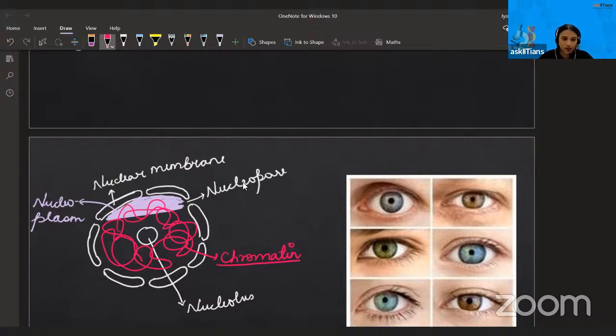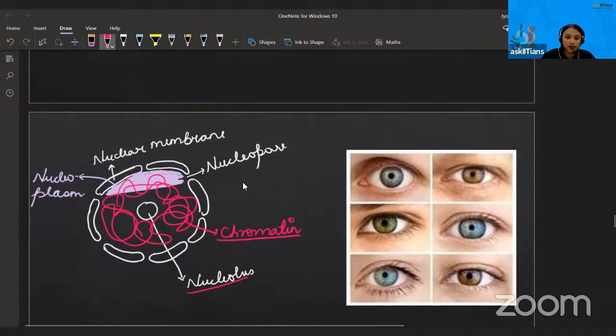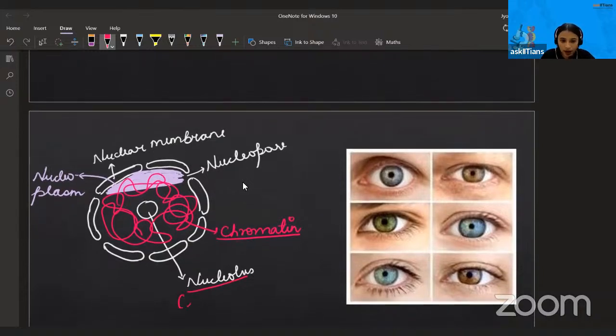Although this region is not surrounded by any membrane, it is known as nucleolus, and this nucleolus is the site where rRNA synthesis takes place, that you will study in higher grade. And in this nucleoplasm, you will observe one more thing, that is your genetic material, DNA, but it is present in the form of chromatin.